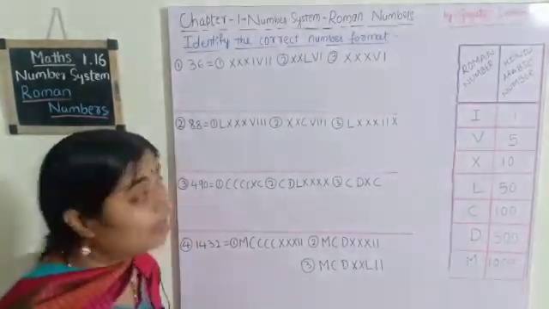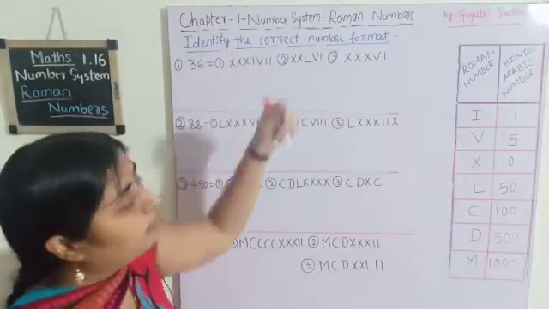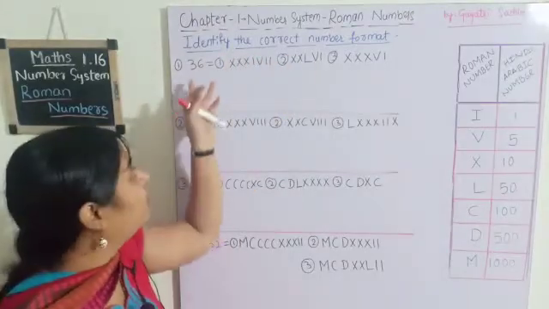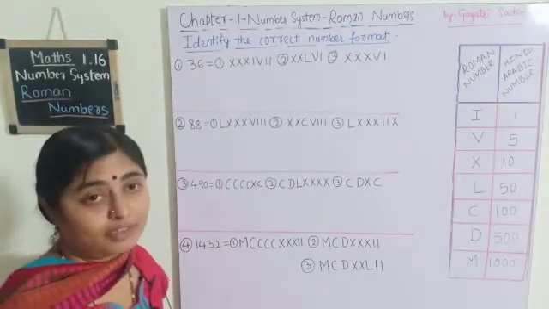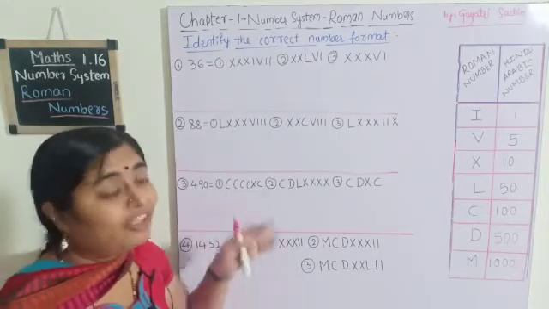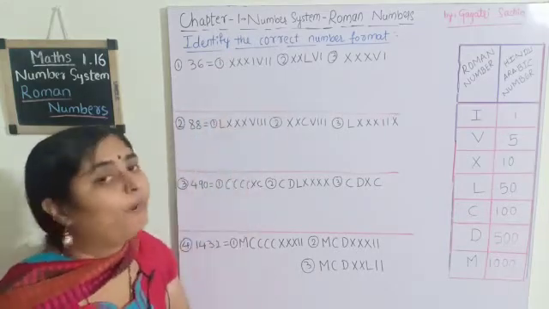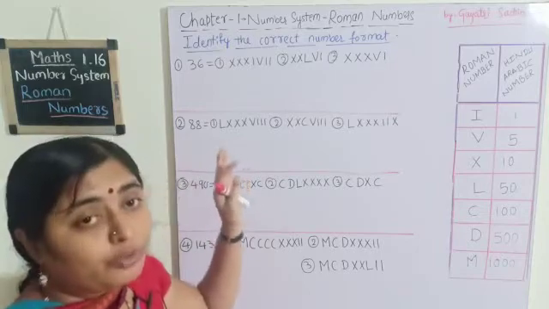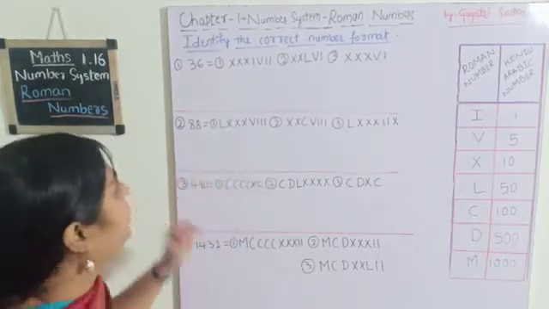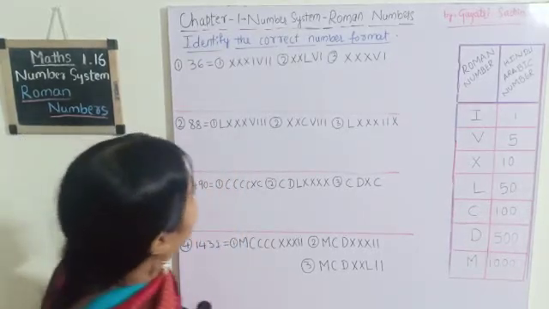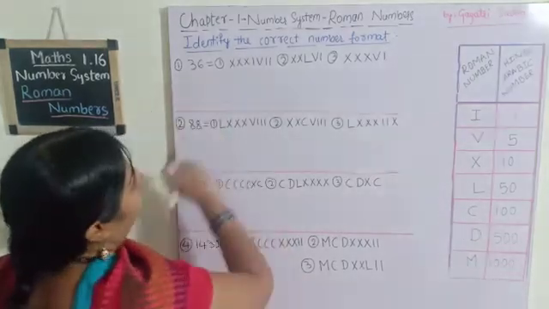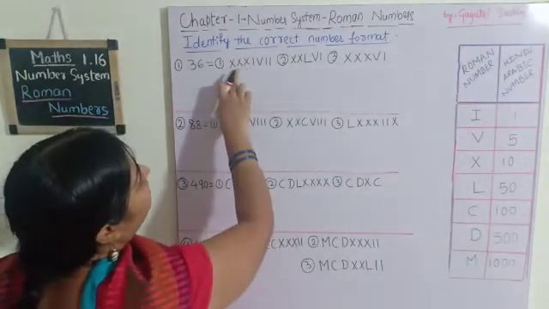What have they asked? Identify the correct number format. Means they have given numbers in the Hindu Arabic system, and we have to identify the correct Roman number system format. Means whether they are according to the rules or not, we have to see. Let's start with the first example. 36 they have given. See here, XXX, this is 30.